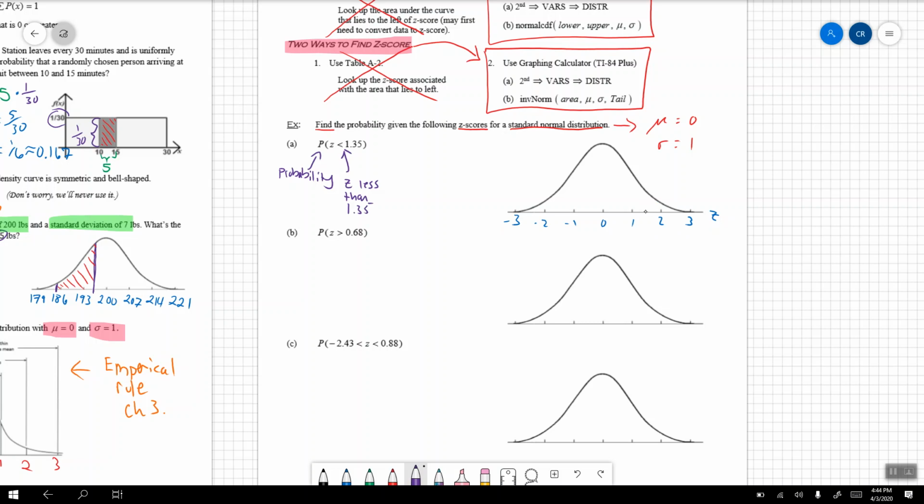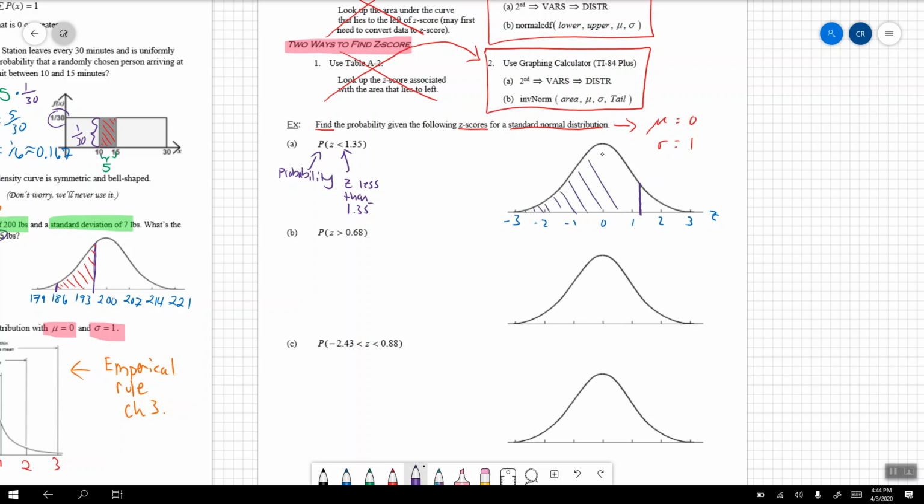So all we need to do is identify where is 1.35 on this z-score number line. So 1.5 is here, 1.35 should be right below it, somewhere here. So I'm going to just draw a vertical line all the way to the top of this bell curve here, just like that. And then since the probability is less than that z-score, that means we're going to shade everything that's less than this z-score. So that means all of this area underneath the curve.